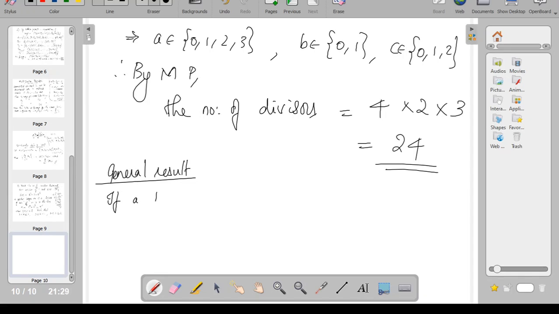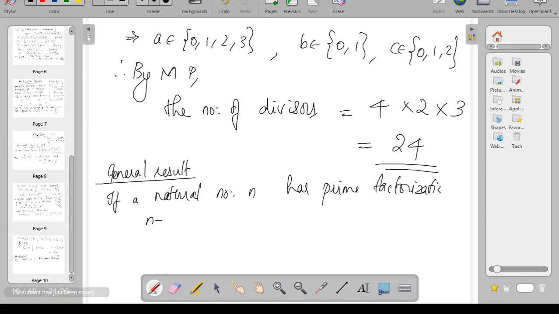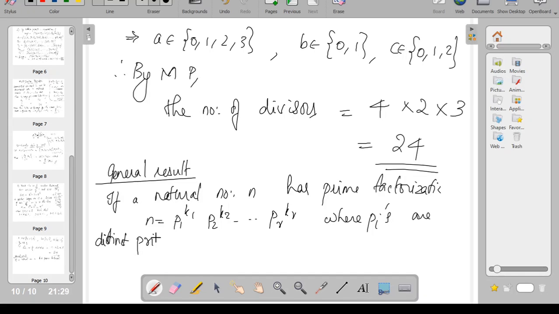So if a natural number n has prime factorization, let that be equal to p1 raised to k1, p2 raised to k2, and so on, pr raised to kr, where the pi's must be distinct primes, and ki's are positive integers.